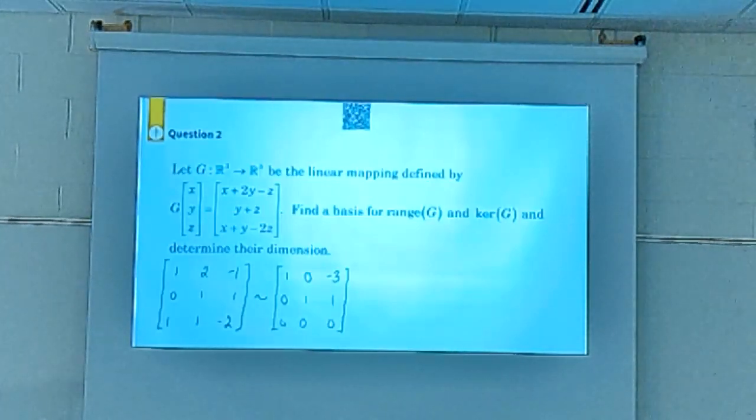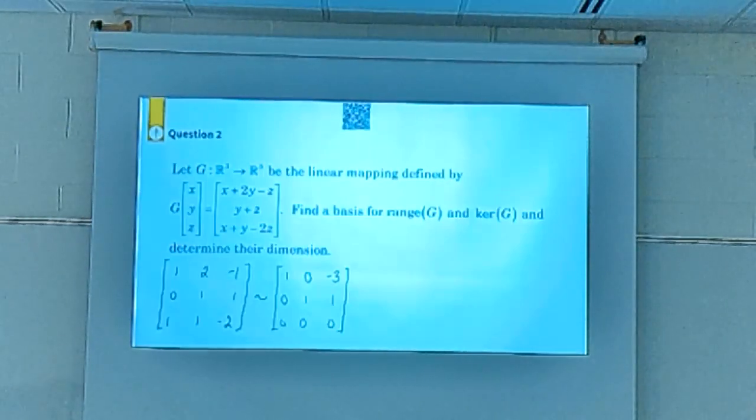So I would say what? x minus 3z is 0, so what is x? 3 times z. y plus z equals 0, so what is y? Negative z. And z is your free variable, so that last row has to be 1. So that's how you get the 3, -1, 1.